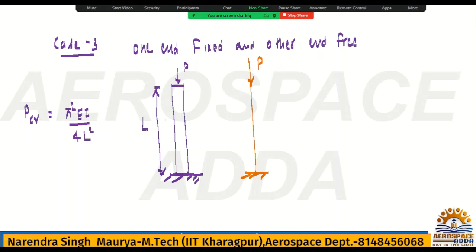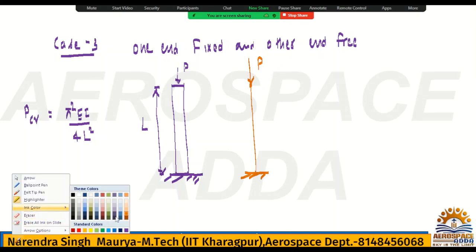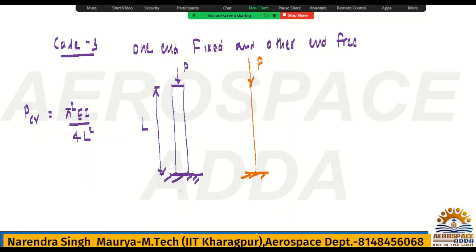Once you apply the load P, because this end is free and it is fixed at the other end, the column deflection will be like this. P is acting here. Now, because it's a free end, here you will get the maximum deflection.